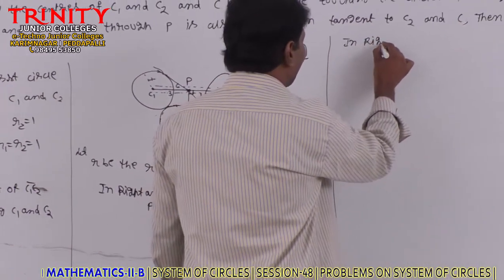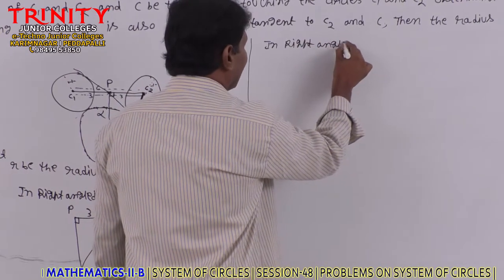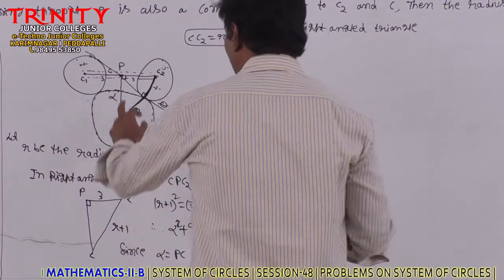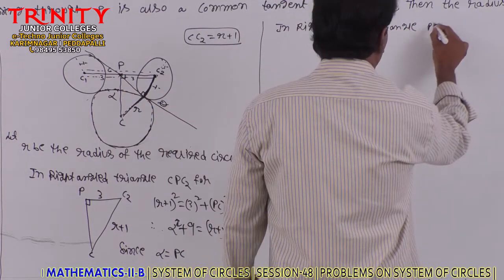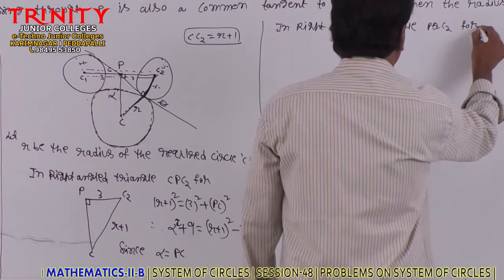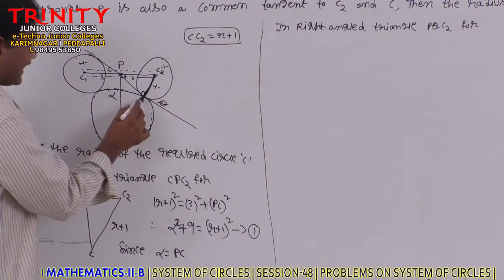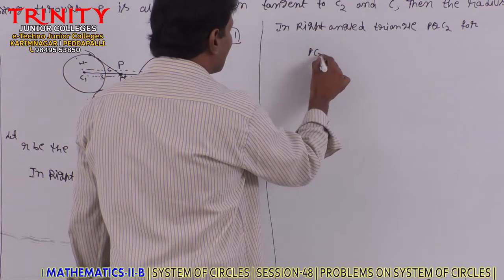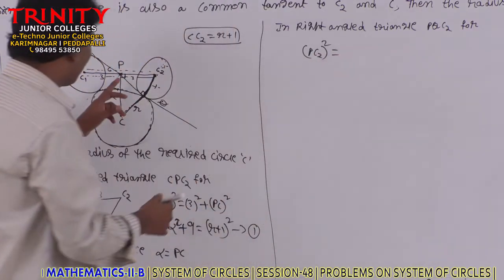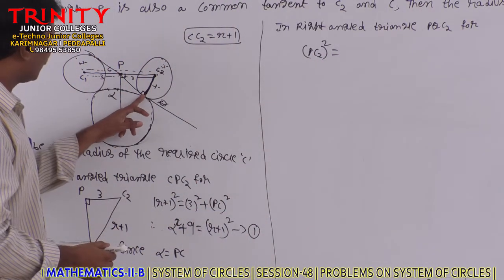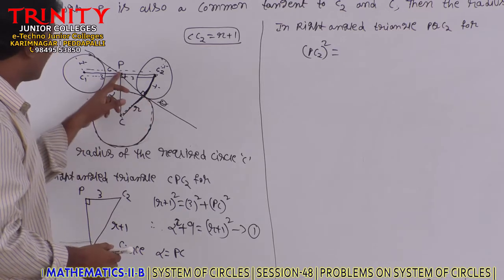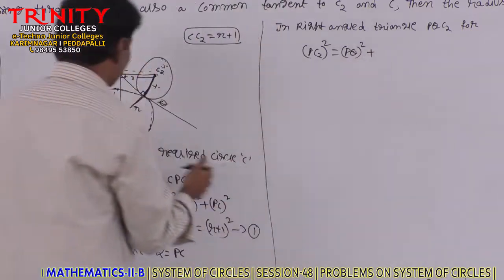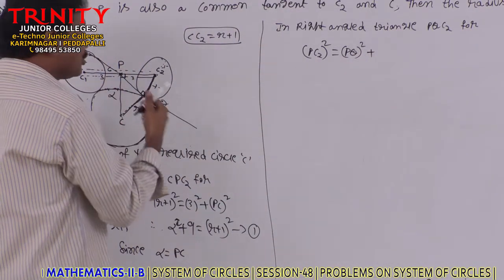In right angle triangle PQC2, opposite the right angle is the hypotenuse. Therefore, PC2 whole square equals C2Q whole square plus PQ square.